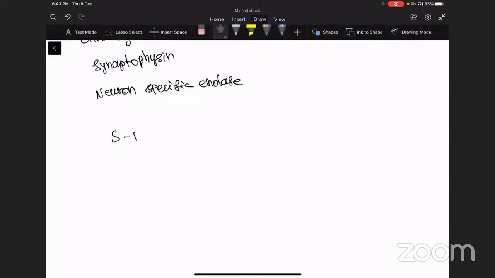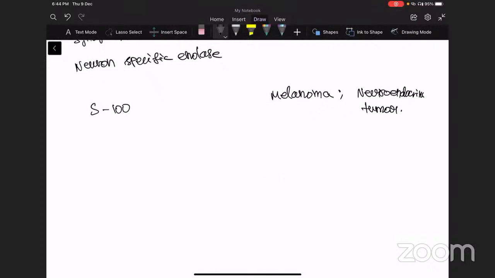Yes, S100, melanoma and also for neuroendocrine tumor. HMB 45, it's a marker for melanoma.